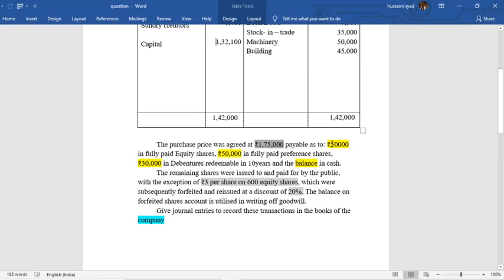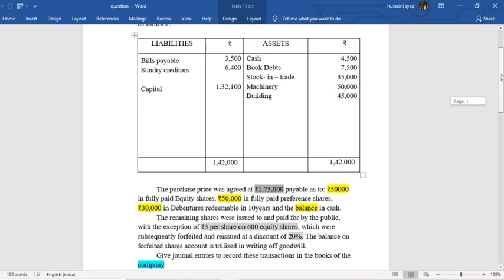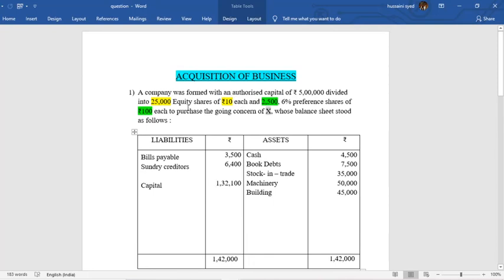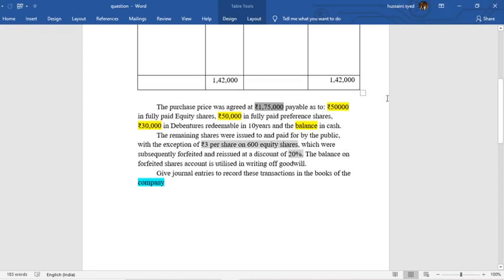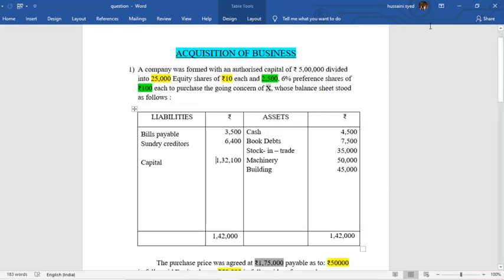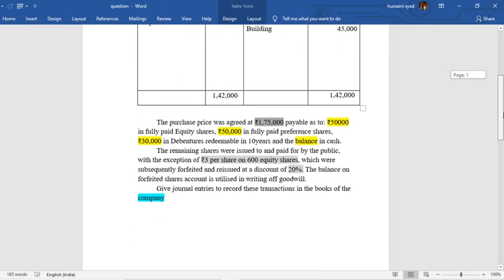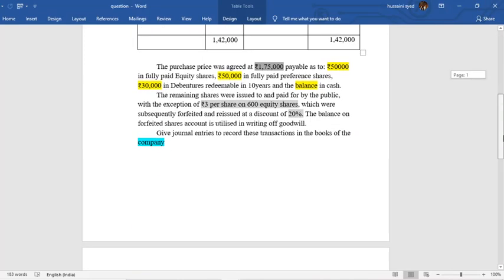The capital amount is rupees 50,000 for equity shares divided by the face value of equity shares, 10. 50,000 divided by 10 equals 5,000 equity shares. Similarly, calculate for preference shares. What is the value being given to you for preference shares? 50,000. You will get 500 preference shares.